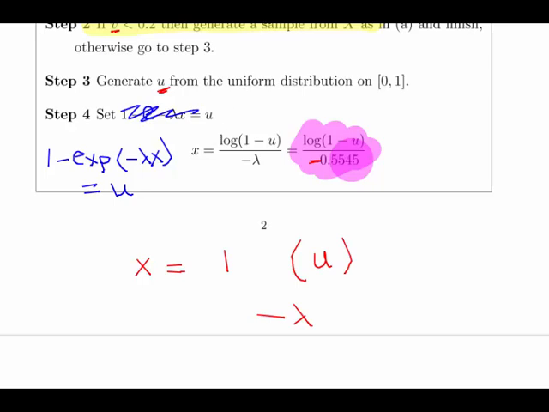So from the point of view of random number generation algorithms, it is acceptable to replace u with 1 minus u and 1 minus u with u. But just be clear about it and flag it, that 1 minus u and u can be interchanged if you're writing that in an algorithm. That would have been an acceptable answer here, to put in log of u over minus lambda. But just highlight why you have done that.